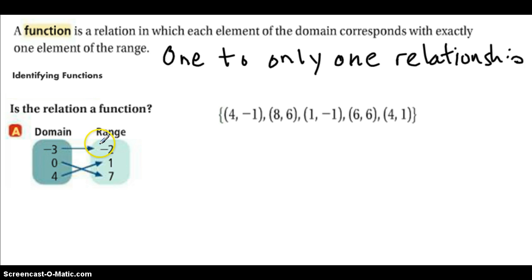Here we go. One and only one. This here is a function. There are no values in the x that go to two different values in the range. It goes to one and only one.